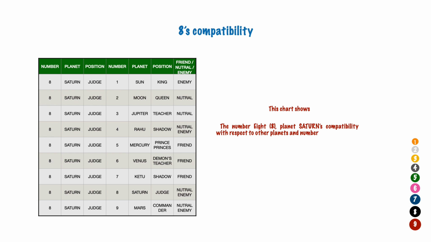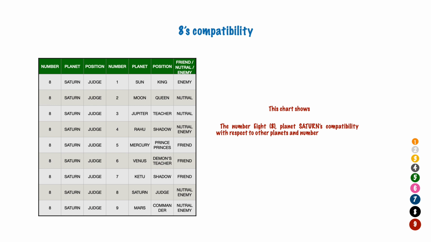Number 8, number 2, neutral, might not be enemy because with number 2 there is no common ground, as king also performs the judgment. So hence number 8 and number 2 would be neutral.